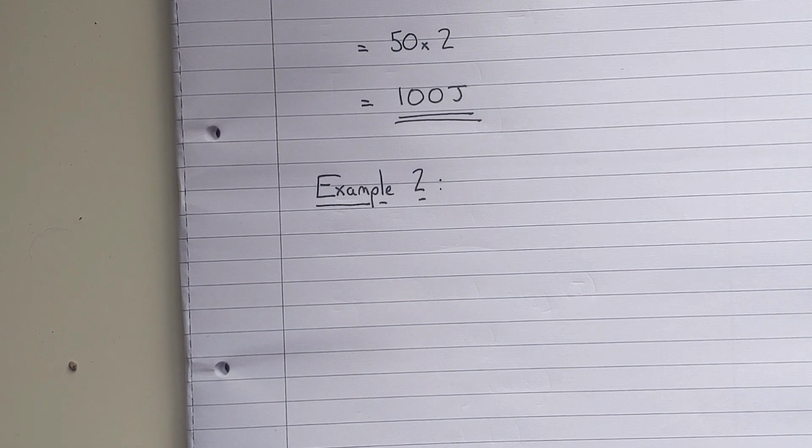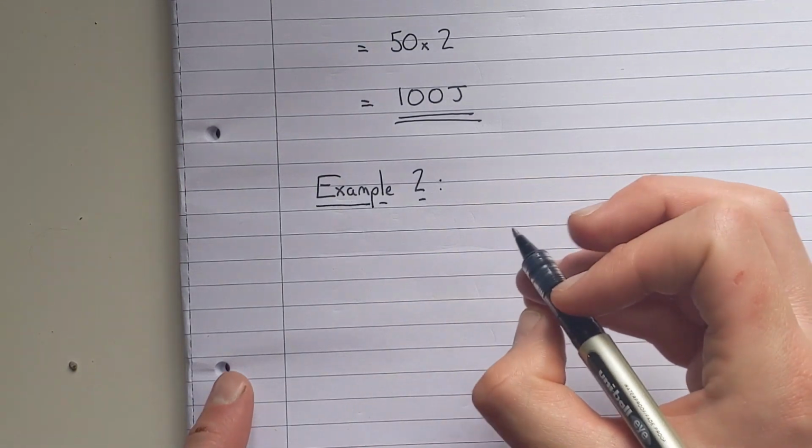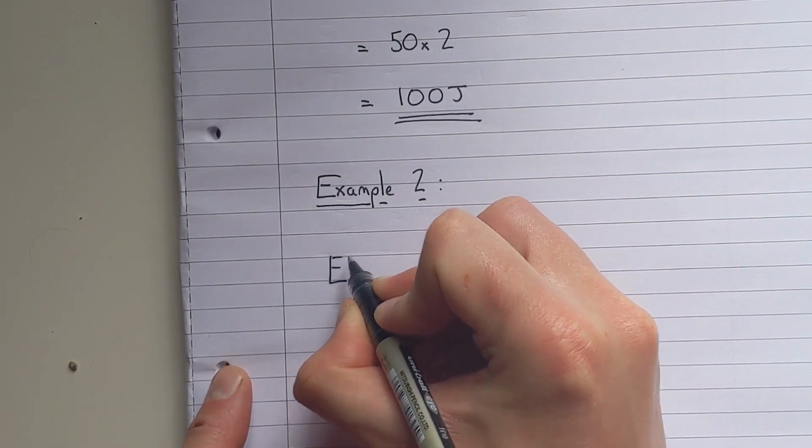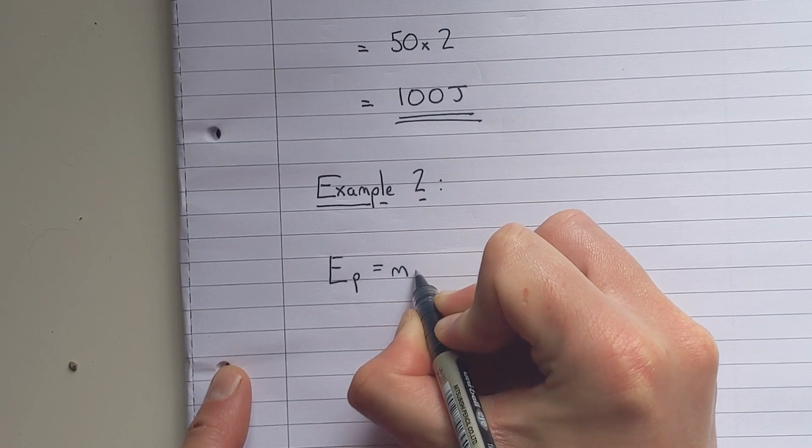Okay, example 2 includes potential energy. So example 2 says a woman lifts a 10 kilogram mass to a height of 2 meters. How much potential energy has the mass gained? So we know it's going to be EP equals mgh.